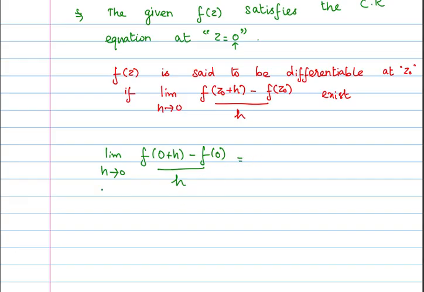Here h is a complex number, so it looks like h1 + i h2, where h1 is the real part of h and h2 is the imaginary part of h.